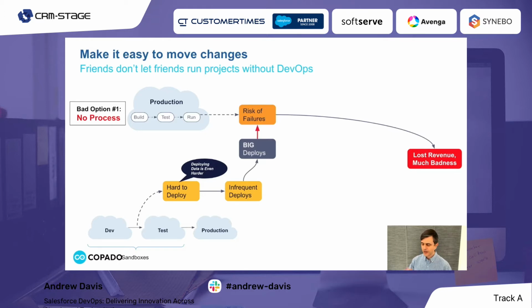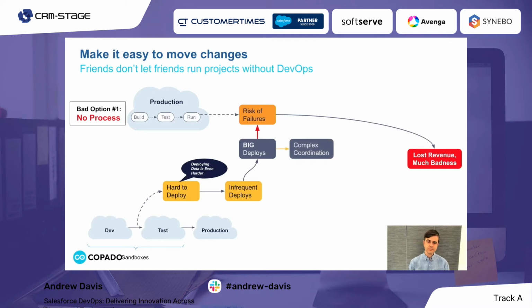If you deploy 5 components, low risk of failure, and pretty easy to figure out what went wrong if you have a problem. If you deploy 5,000 components, you're basically guaranteeing that something is going to break in there. And it's also going to be extraordinarily hard to figure out exactly what it was that caused that problem.